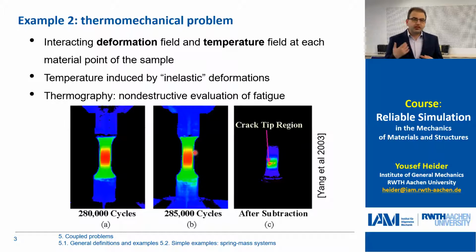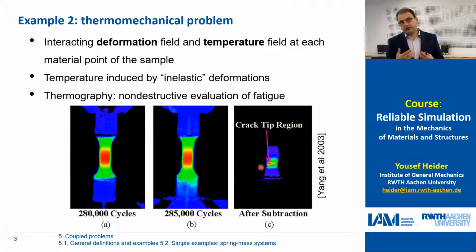We have another example, which is exactly the opposite way. So due to the deformation, we have increase in temperature. And this can be measured using the thermography. Take, for instance, this uniaxial test, which is applied to a metallic material. So due to the repeating of cyclic loading, unloading, and so on, you can measure increase of temperature, and this might also lead to the damage of the material.